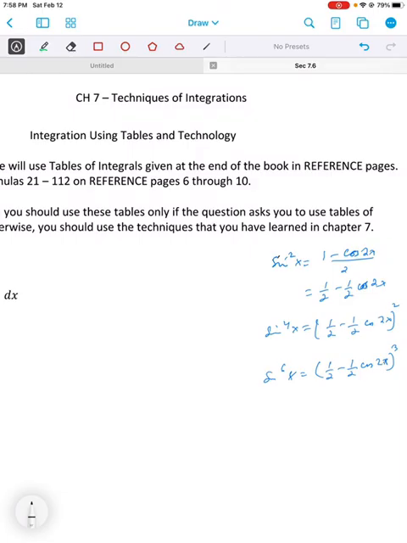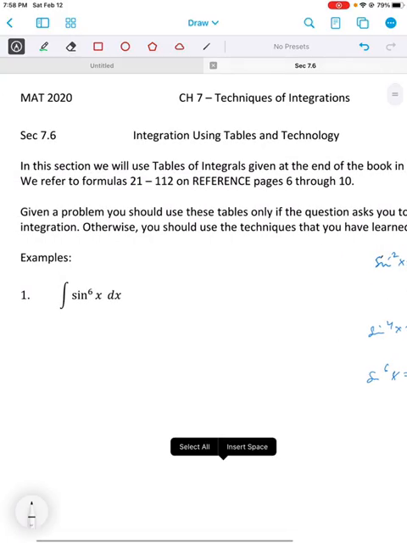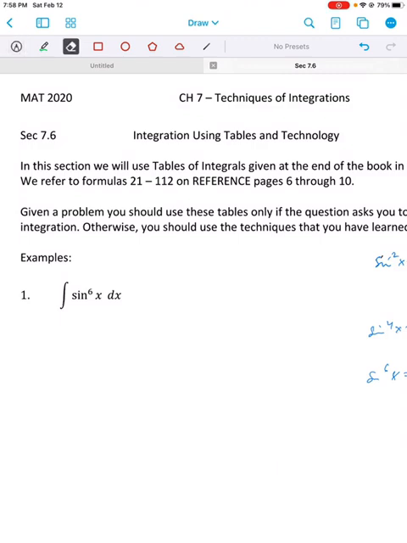Or even if you have sine to the 8th power or 10th power, that's too much. So in that case, we would like to use the formulas from the table.